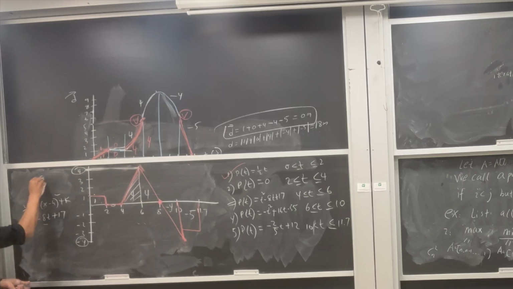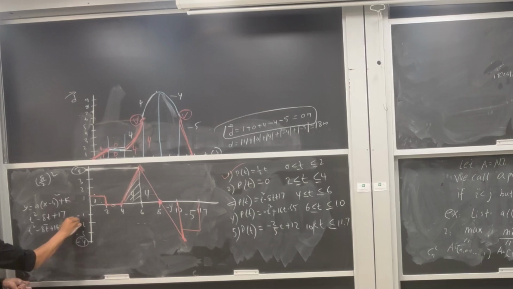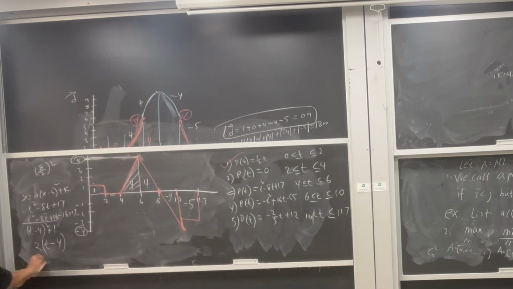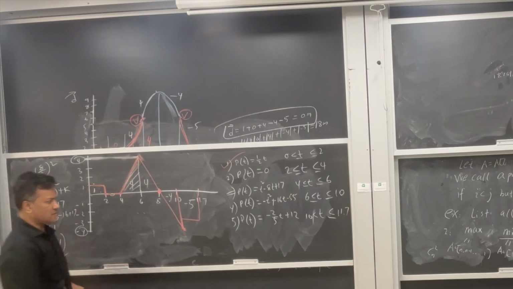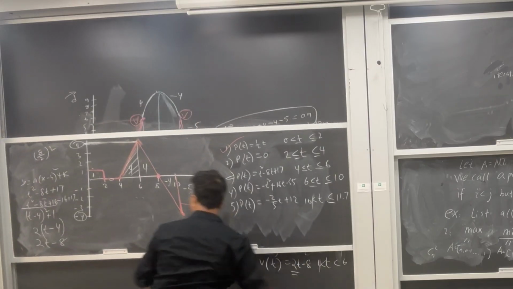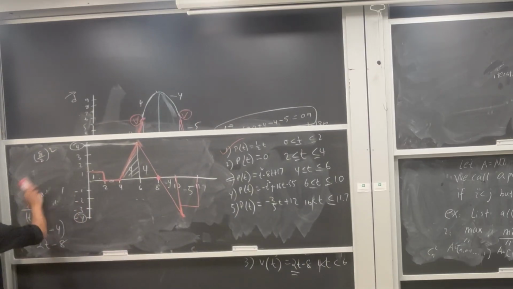So t squared minus 8t plus 16 minus 16 plus 17. So then (t minus 4) squared, that's for this one, and this is plus 1. So t minus 4, and then our slope was 2, so 2t minus 8. Check. You also can do it by midpoint. Midpoint is going to do it this way.